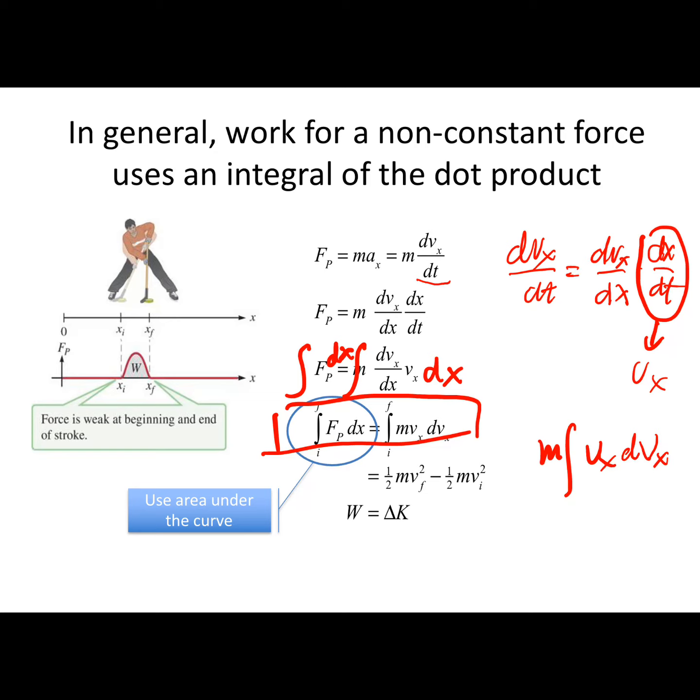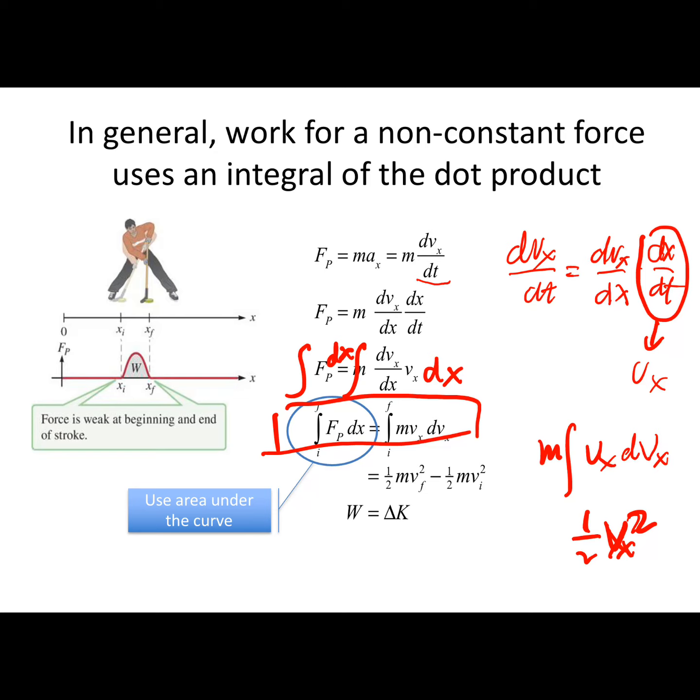You should have 1/2 vx squared. And you integrate from vi to vf, so you have the integration of F dx gives you 1/2 m vf squared, subtract 1/2 m vi squared. So this is a more general proof of the work-energy theorem.